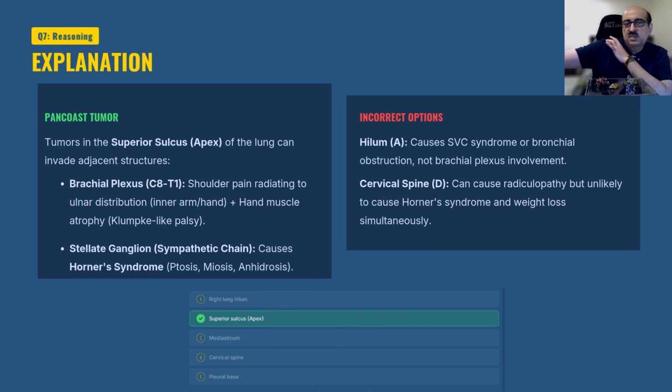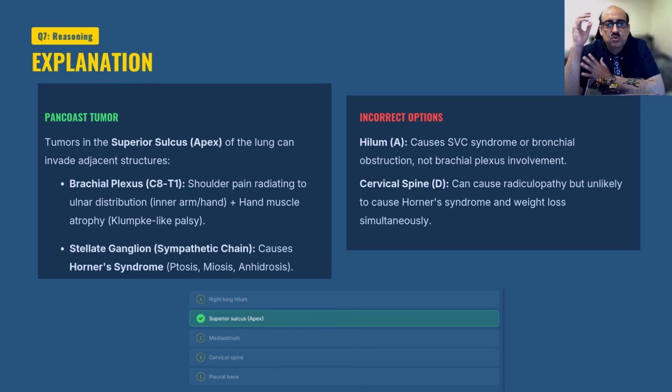C5 and C6 form the superior trunk, C7 goes as the middle trunk, and C8 and T1, the lower nerve roots, form the inferior trunk. Eventually, the same C8, T1 goes as the ulnar nerve after the divisions and cords. So any damage to the inferior roots like C8 and T1, or the inferior trunk, will lead to damage to the distribution of the nerves C8 and T1.